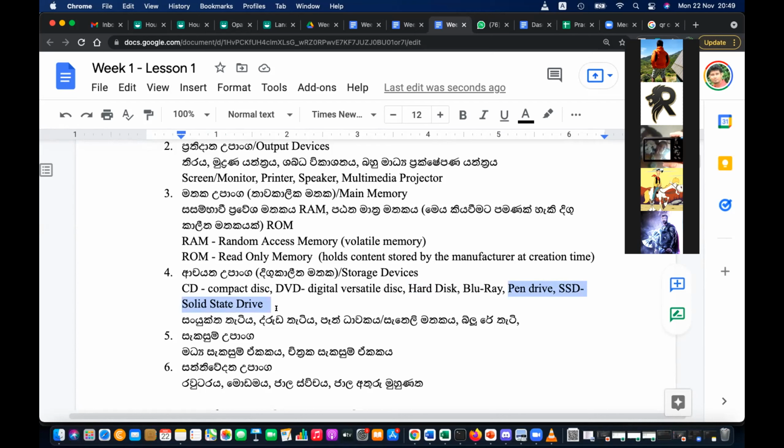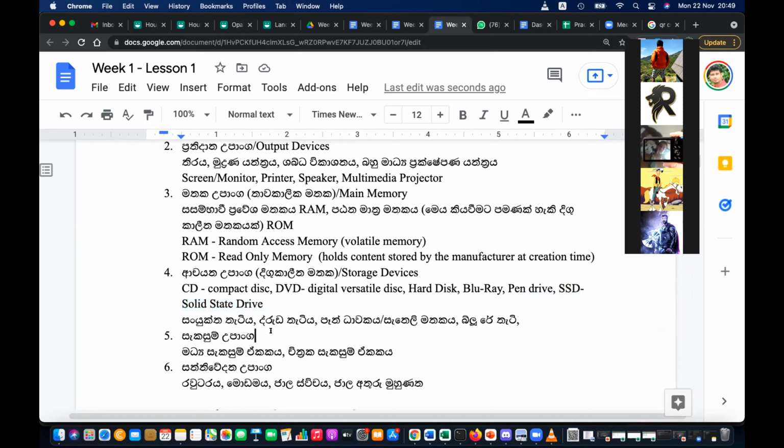So memory cards, pen drive, ඒවා කැරකෙන්නේ නැහැ. Pen drives, memory cards, all these are called solid state drives, solid state memories. Solid state means not moving.